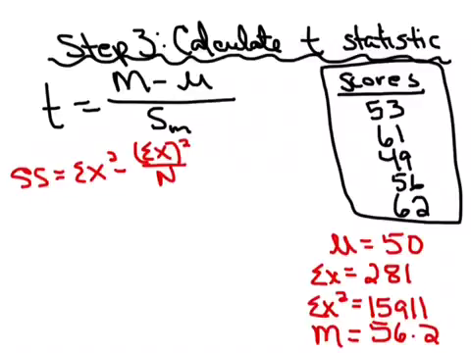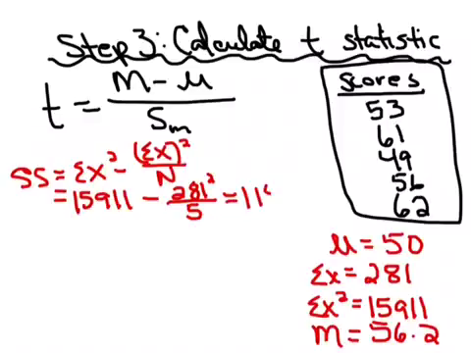So we're going to just plug in our sum of x squared, 15,911 minus 281 squared divided by 5. Once you calculate that out, you should get 118.80 as a sums of square.